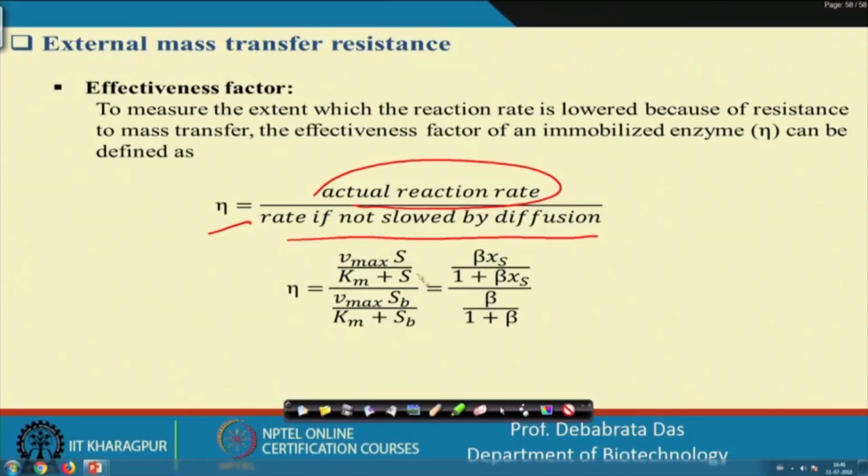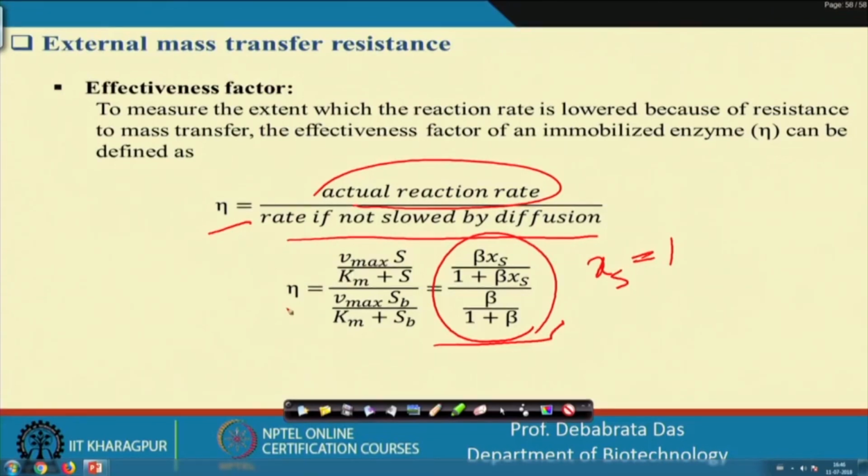If we do a similar analysis, we come across this equation. The important thing is that if you put x equal to 1, eta will be 1. Then if eta is 1, there is no mass transfer limitation problem.